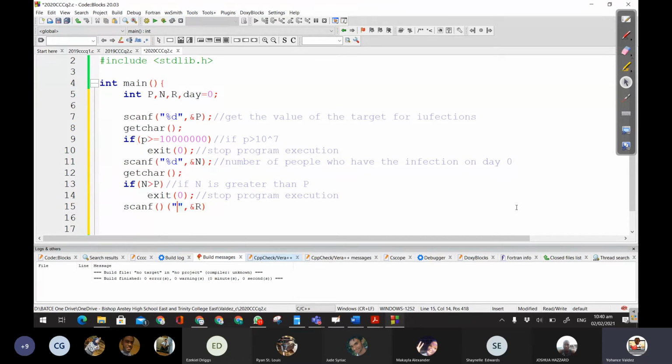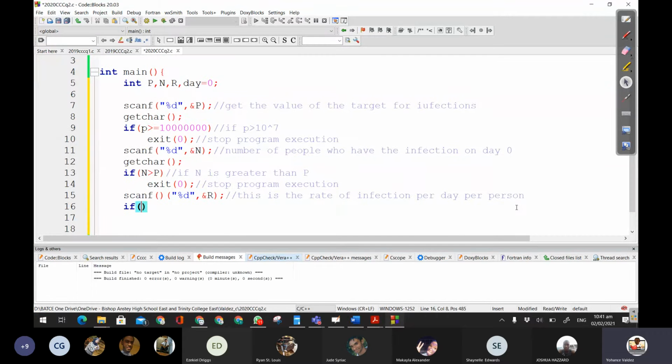This is the rate of infection per day per person. So each person is supposed to infect 10 or less people. And they said again, we say if R is greater than 10, because they said that R is supposed to be less than or equal. So if R is greater than 10, we exit 0.